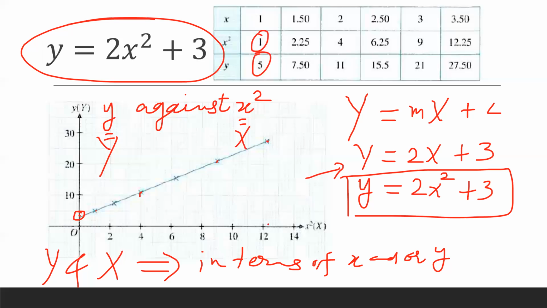If it satisfies that equation, that means their prediction was correct. If it doesn't satisfy the straight line, that means their prediction about the equation of the graph is not correct. And this really helps them in coming to a correct relationship between the two different kinds of data.